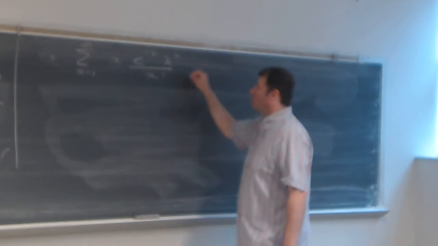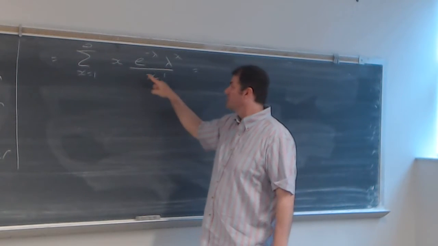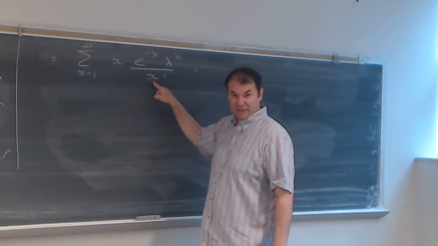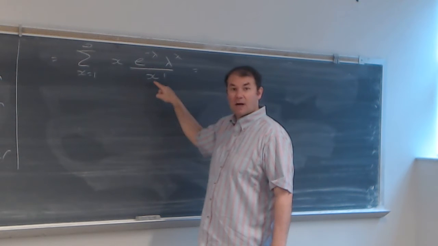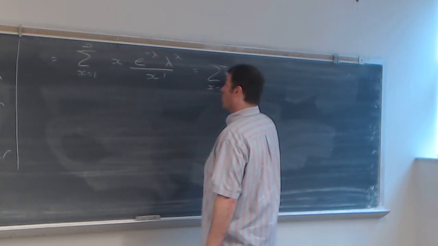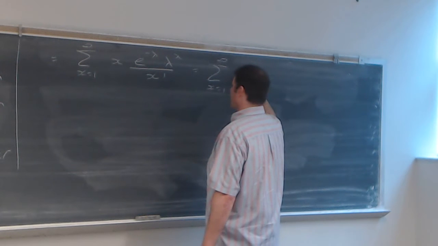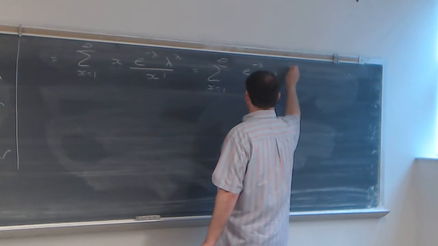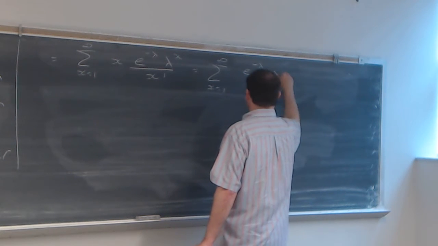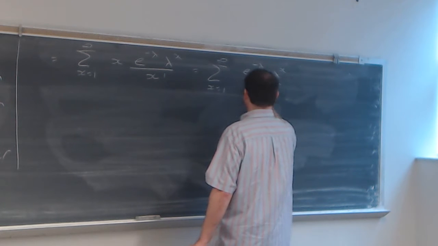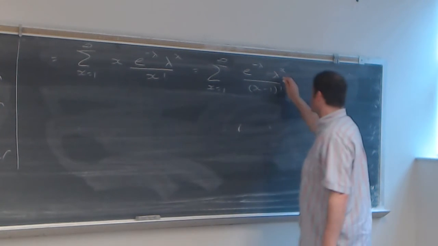One thing I noticed is this x, along with all the factors in x factorial, which has an x, there's an x at the top and an x in the bottom, so we can cancel. This is the sum as x runs from 1 to infinity of e to the minus lambda, lambda to the x over x minus 1 factorial.